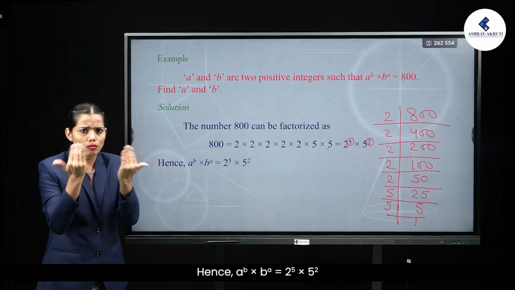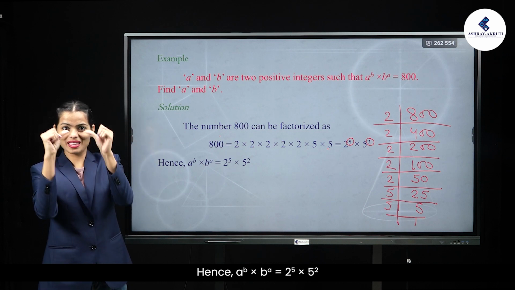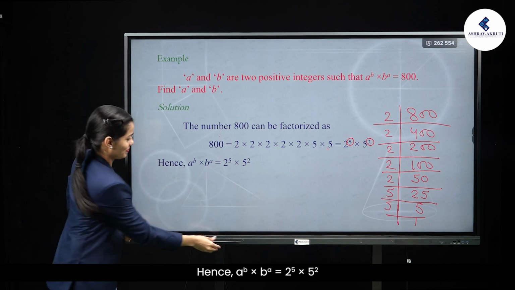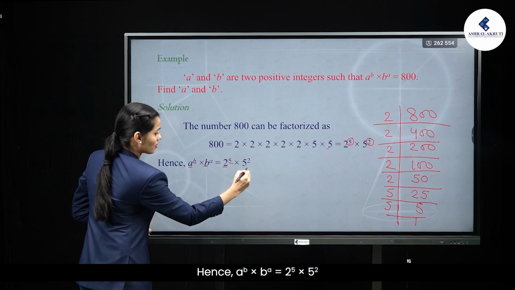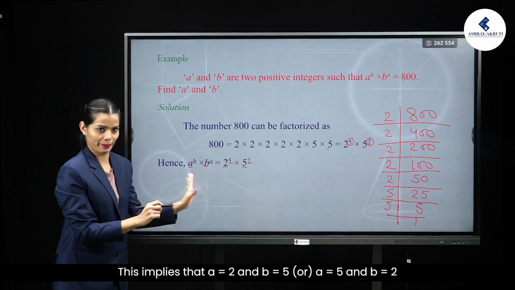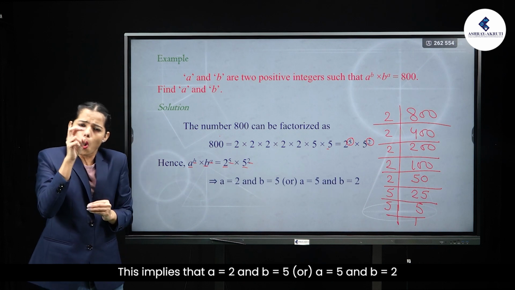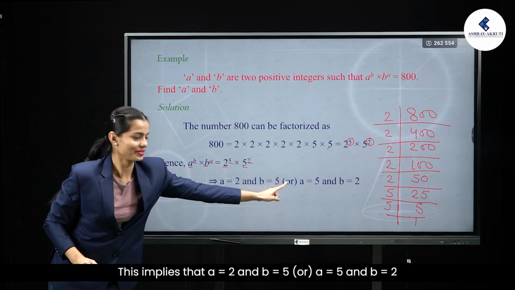Hence, by comparing a power b into b power a is equal to 2 power 5 into 5 power 2. This implies that a is equal to 2 and b is equal to 5, or a is equal to 5 and b is equal to 2.